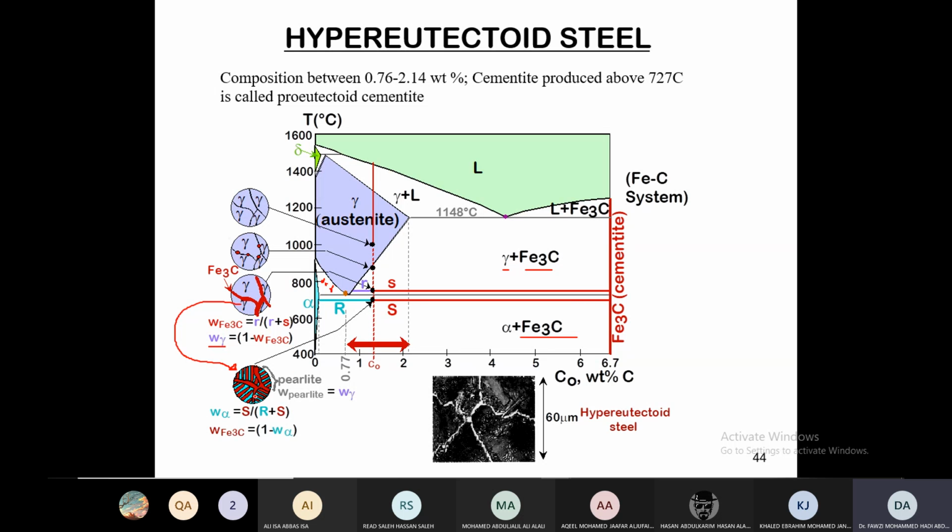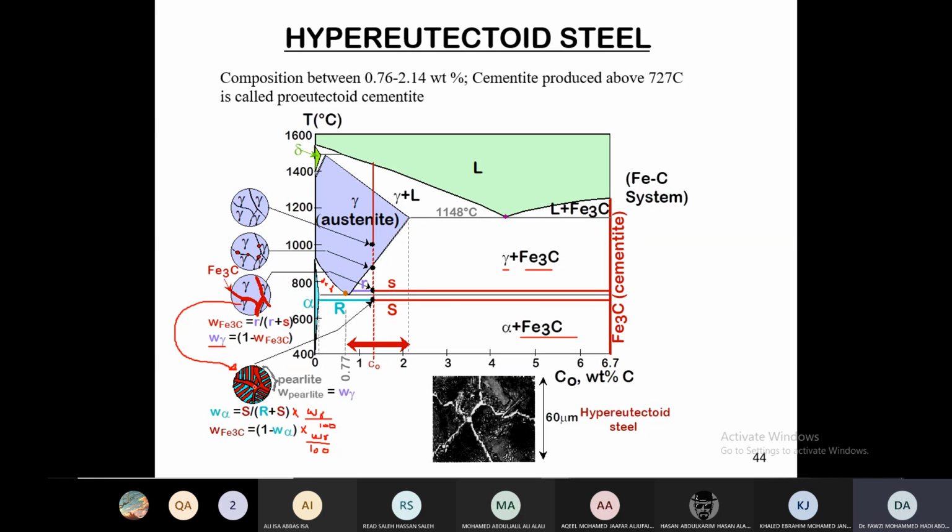to look at the gamma weight percentage, and you multiply here by the weight percentage of gamma divided by 100 to get the microstructure proportions.